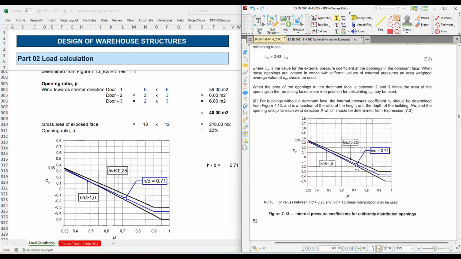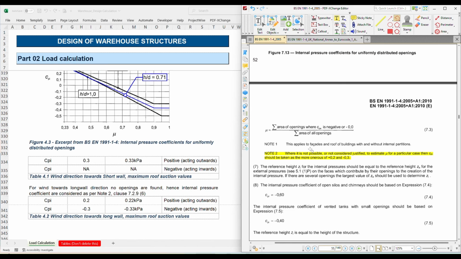From this graph, if we draw for the mu value, 0.33 is the least one, but in our case we are getting only 0.22. So we can skip this graph also. We can directly consider these two values, which state that the internal pressure can be 0.2 positive and minus 0.3.